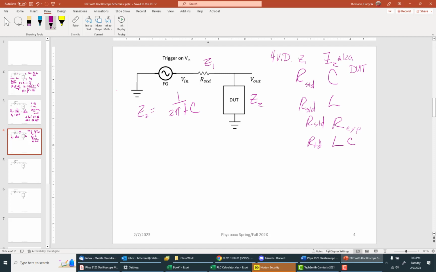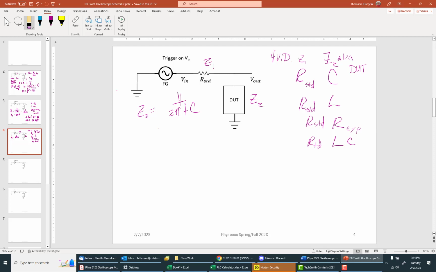And strictly speaking, when I write it this way, I'm talking about the magnitude. Let's slow down on that one. I don't want to throw too much at you at once. When I take the magnitude of minus i times 1 over 2 pi FC, this is what you end up with.